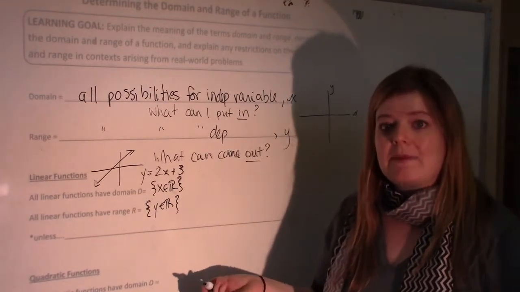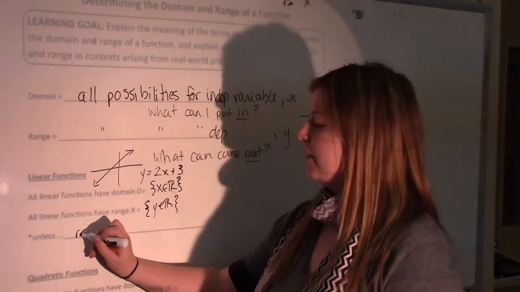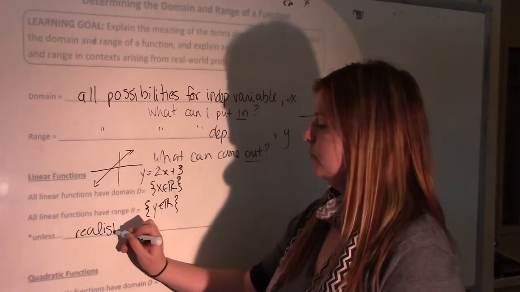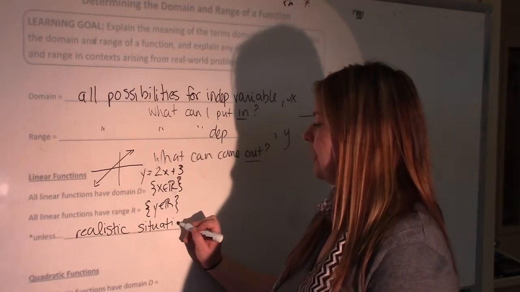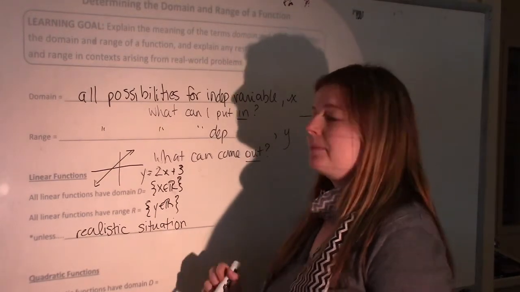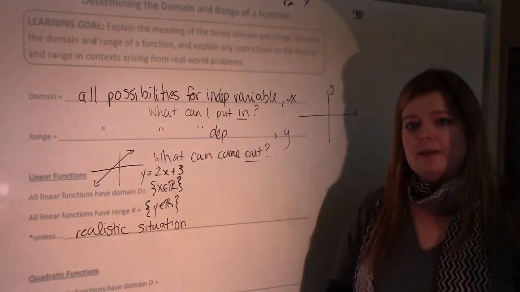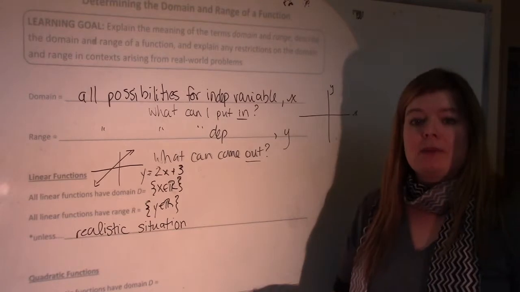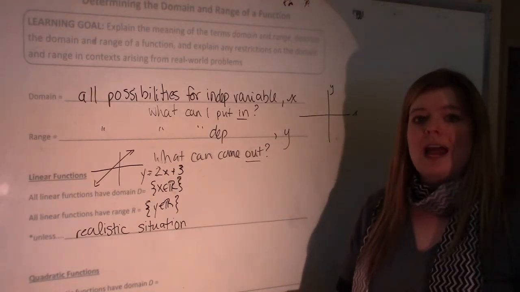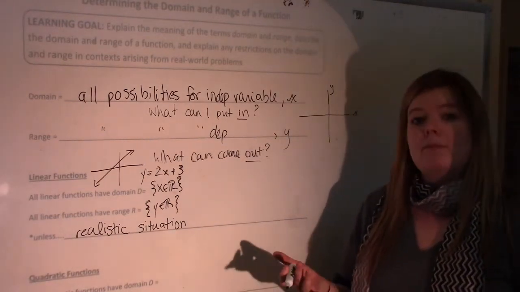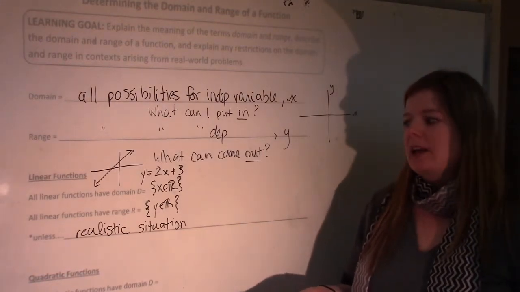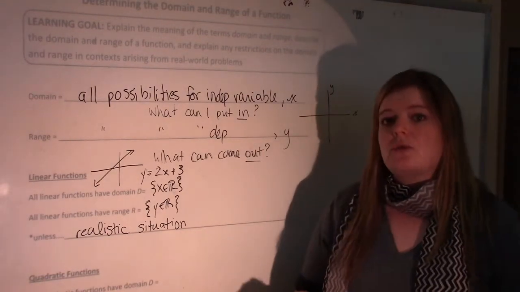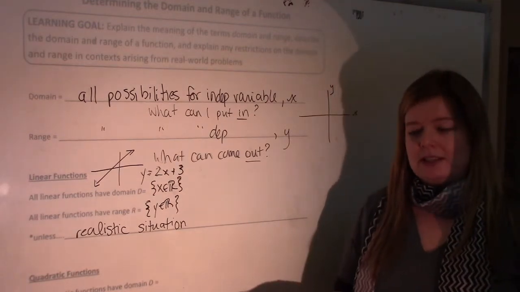Now, the only time this is not true is if you're in a realistic situation. So say I was ordering t-shirts, okay? So that would be a linear function, but the domain would be the number of t-shirts ordered. So it would have to be an integer above 0: 0, 1, 2, 3, something like that. And the range would be how much was spent on the t-shirts.